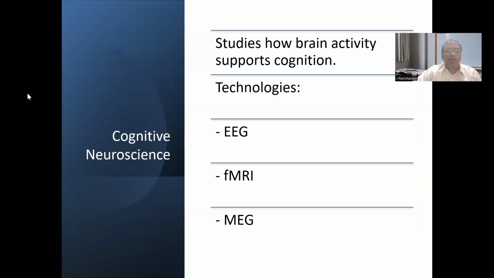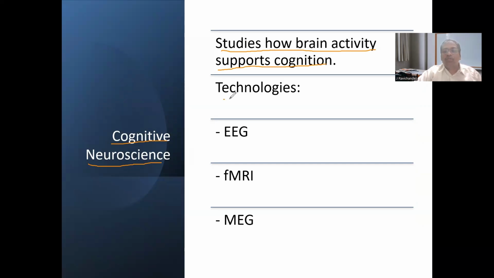Next, another very interesting research area is cognitive neuroscience. In this research area, it studies how brain activity supports cognition.